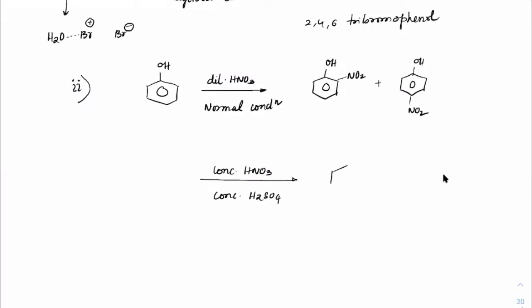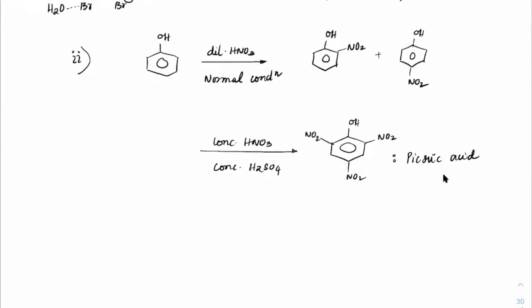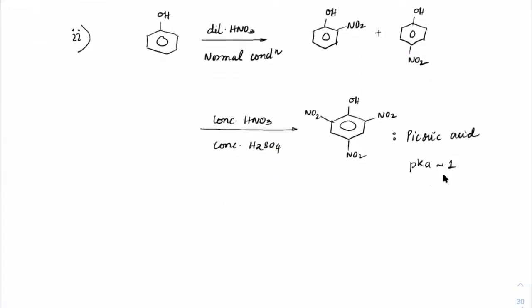So when that reacts, we would get OH connected with NO2 at all the ortho and para positions. We know that this is called picric acid. Because of such strong withdrawing groups, it would be highly acidic and the pK value is close to 1. Got it? This is what happens in rigorous conditions.